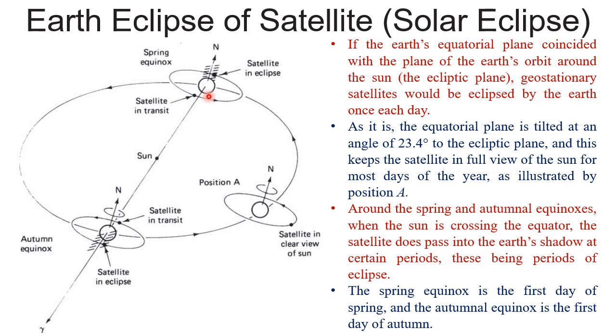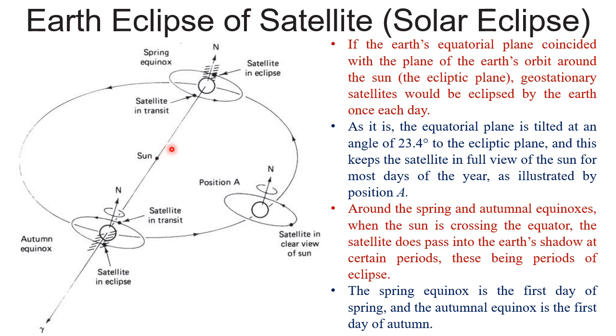To understand this, first of all, we have to understand that the equatorial plane of Earth is not in the plane of rotation of Earth around the Sun, right?